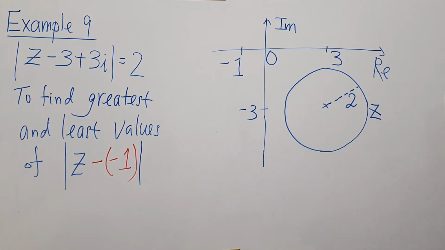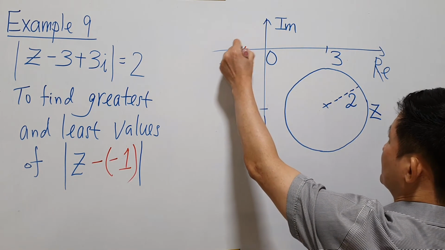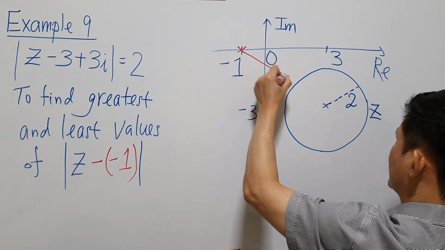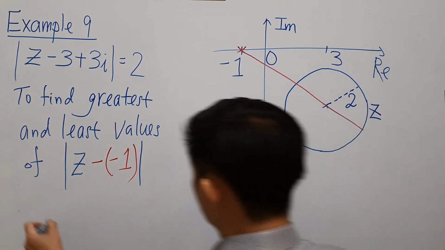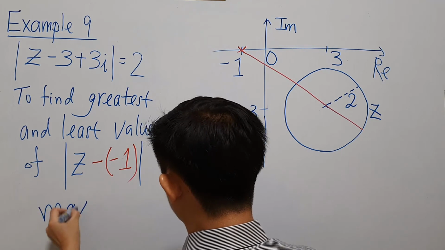You want to know that given a circle and a point, the maximum distance is achieved by joining up this point through the center and to the other side of the circle. This red line gives you the maximum distance from -1 to z, which are points on the circumference.